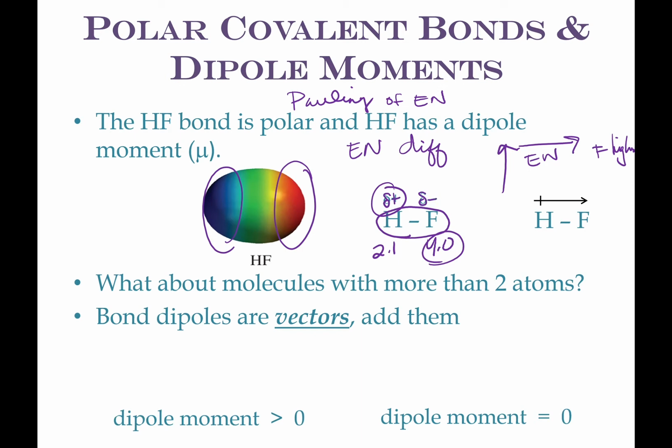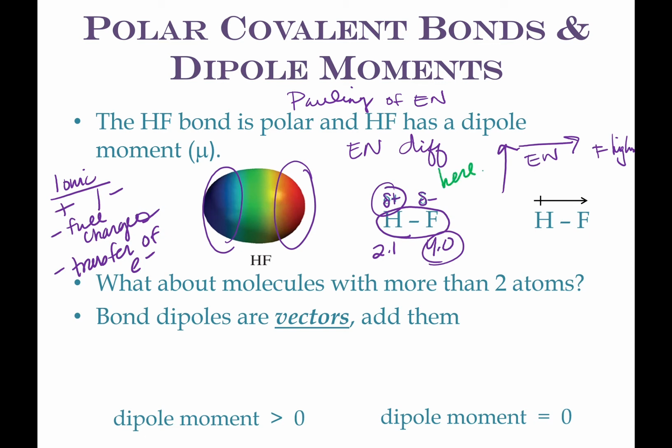So you remember way back when we had ionic compounds, and those had both positive and negative charges. So these are full charges, where there's an actual transfer of electrons. That's not what's happening here.